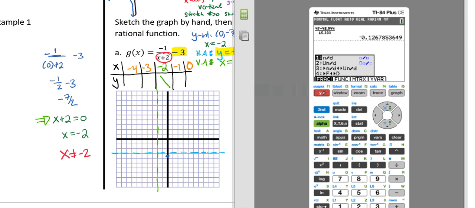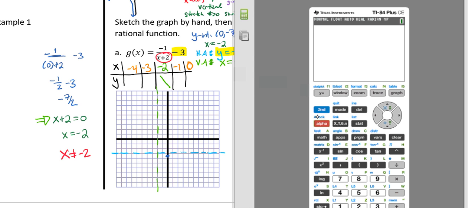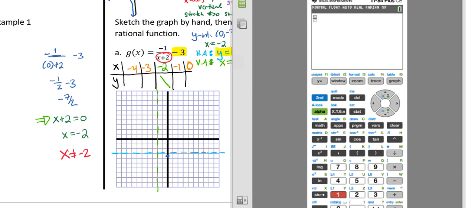So we're going to have, let's see here, let's do this really fast. All right, so we've got -1 over, oops, that's a 0, -1 over, we're going to plug in a -4 plus 2, and then move on out there and subtract 3 and hit enter.